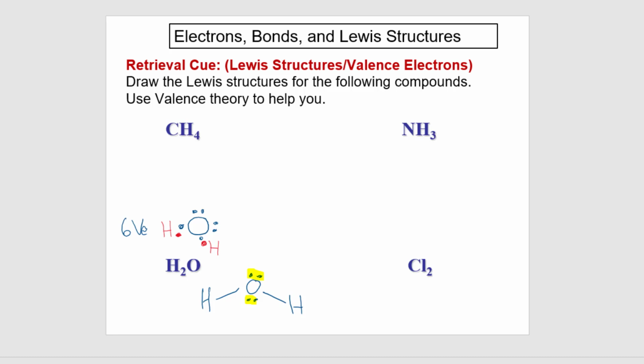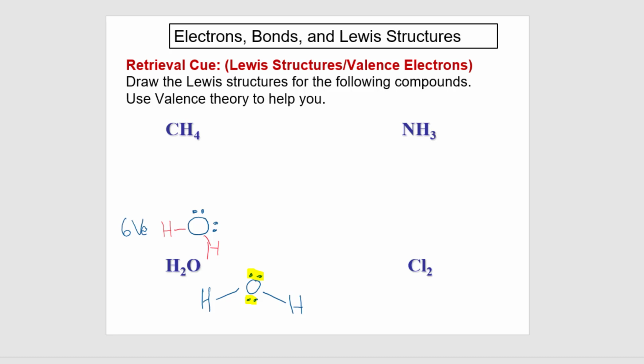But notice that because of its valence electrons, it still has those 2 lone pairs. So you can see that the blue and the red electrons that I drew can be rewritten as a bond line, and the other 2 can be written as a bond line. And that's how we got the 2 bonded hydrogens and the 2 lone pairs.